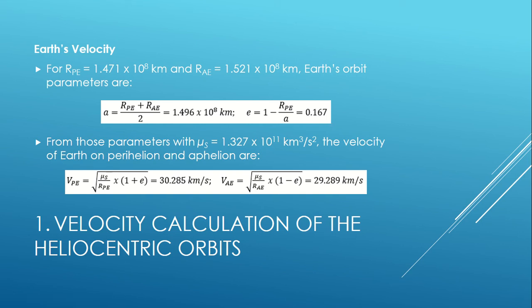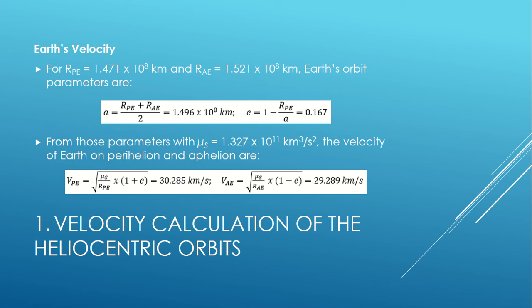From these parameters, with mu sun 1.327 times 10 to the power of 11, we can determine the velocity of Earth at perihelion and aphelion.